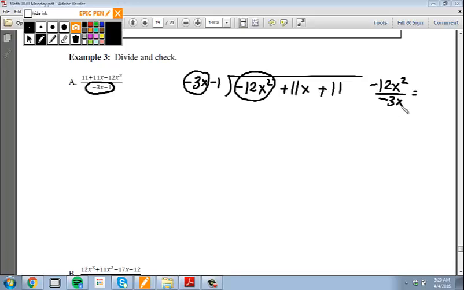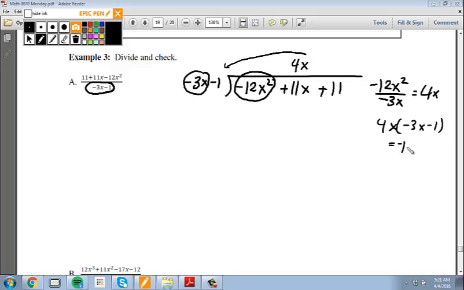So if I start out using the negative 12x squared over negative 3x, that ends up being 4x, and I'm going to write that right above the 11x. And then I have to do the 4x and distribute it to the negative 3x minus 1. And that will give me, oh no, why can't I see that 1 there? Sorry about that.